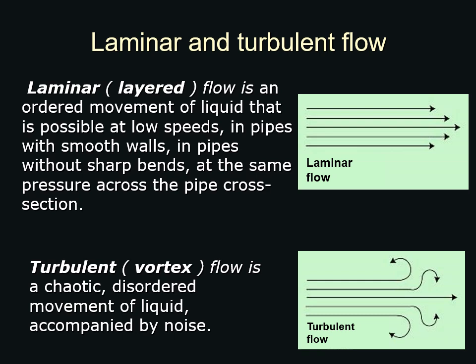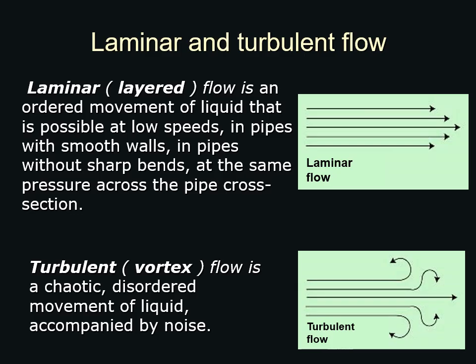In other words, look, the diagram shows that the speed of movement of the liquid layers inside the pipe or along some fixed plane may be different, but the speed of movement of particles inside a layer does not change. That is, they move at the same speed.